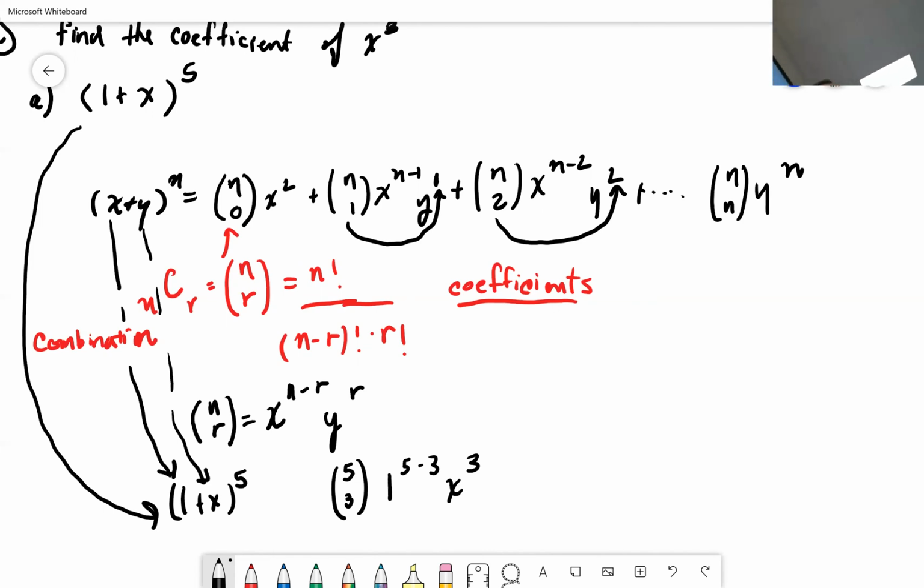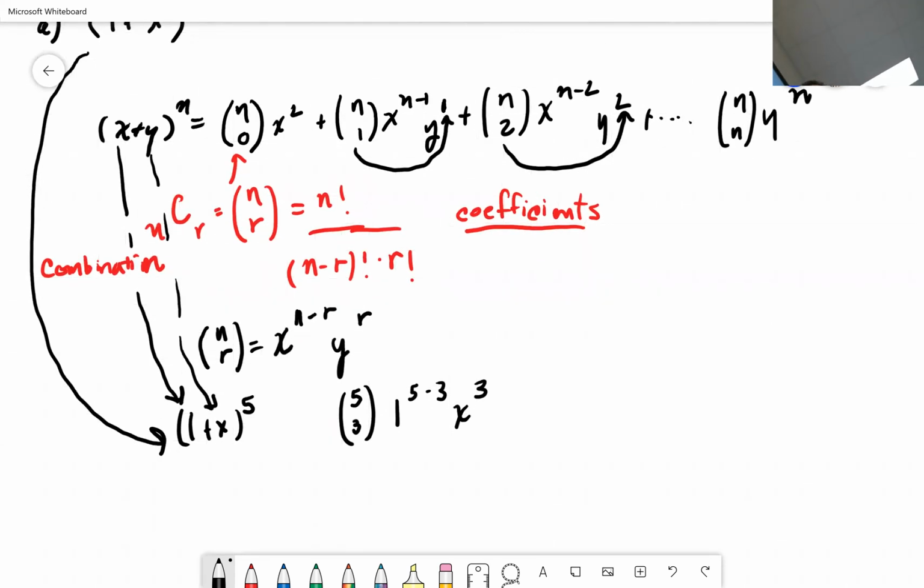And so if I carry out this computation here, I should be able to figure out the coefficient of the x to the third term. So this is 5 factorial divided by 5 minus 3 factorial times 3 factorial, times 1 to the second, times x to the third. I'll do another question to make sure everybody's on the same page.